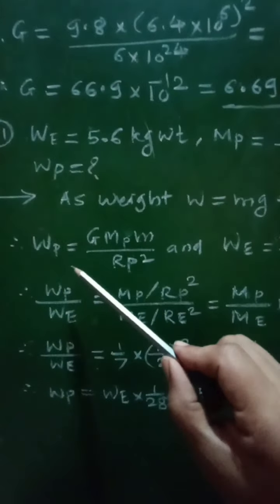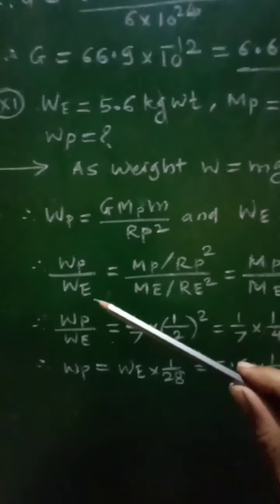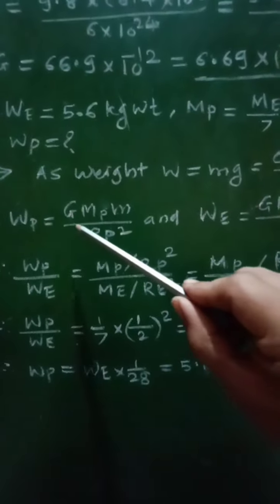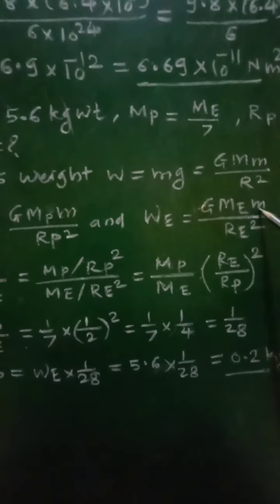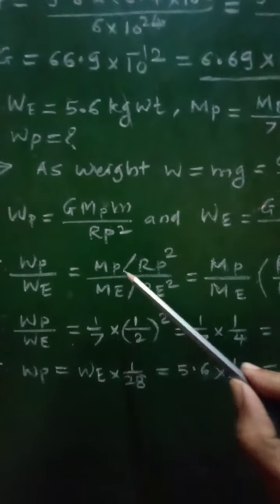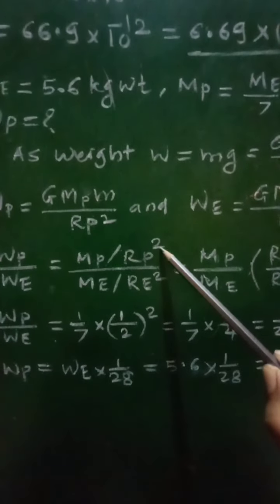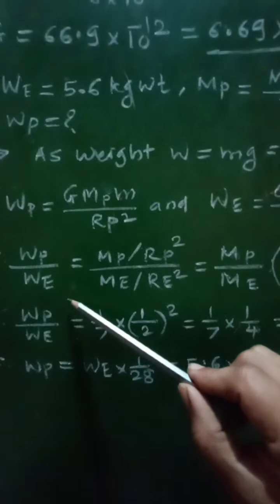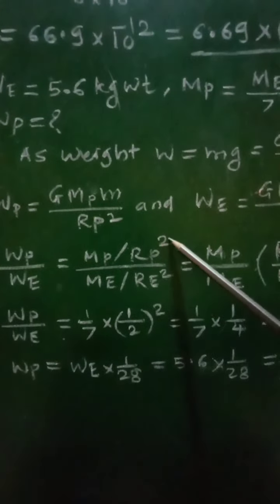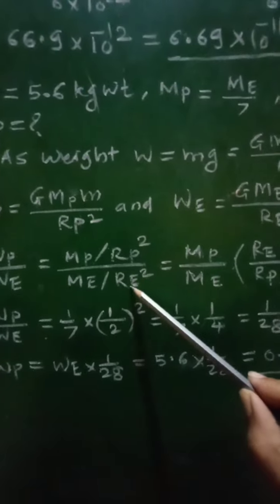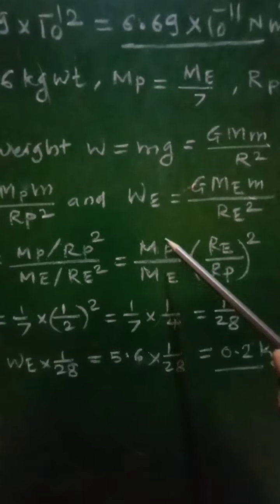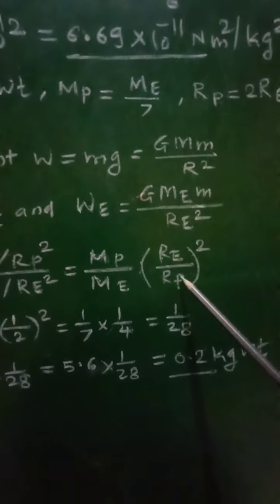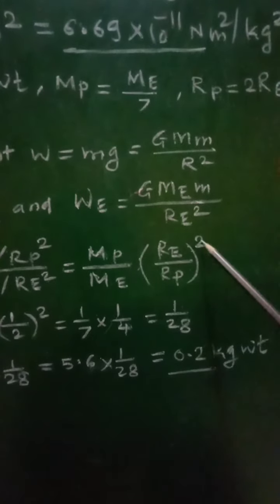Taking the ratio of WP and WE, we can write WP upon WE equal to, from this ratio G and m from both these terms will get cancelled, and we will get MP upon RP square divided by ME upon RE square, which will be written as MP upon ME into RE square by RP square.